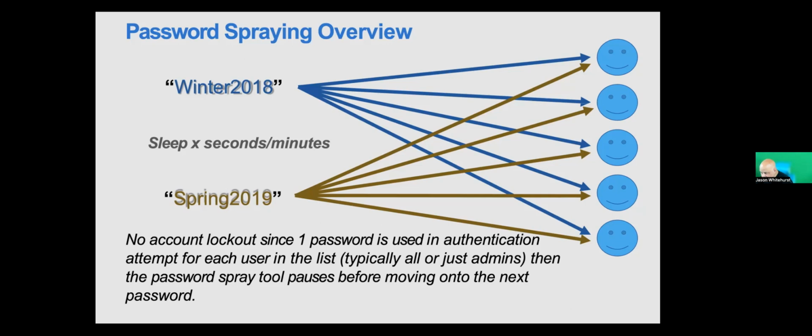Active Directory doesn't care, obviously. But we can see in doing password spraying this way, there's no account lockout since one password is used in the authentication attempt for each user in the list.